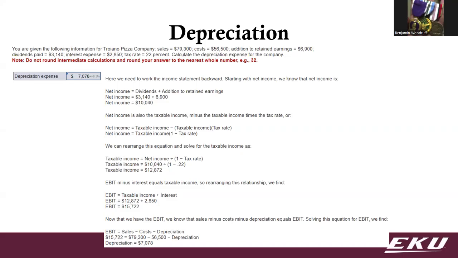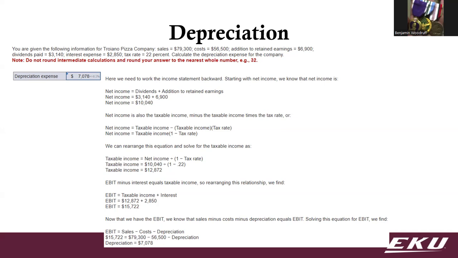We're basically piecing together from the information, starting with the bottom of the income statement, with our net income, right? And then we know, okay, if we have this as a net income, before that we would have paid taxes, right? So how much was taxable income for us to get this final net income, right?